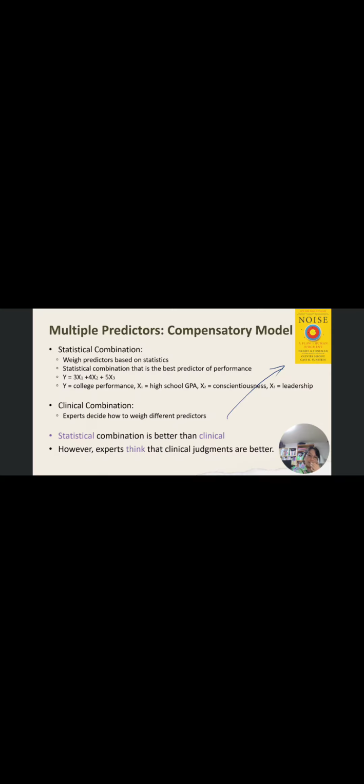Do you remember this figure that I always draw? This is the measure of, for example, individual difference, like this is the predictor, this is the measure of job performance, right? This is theoretical job performance, and this is theoretical individual difference, right?